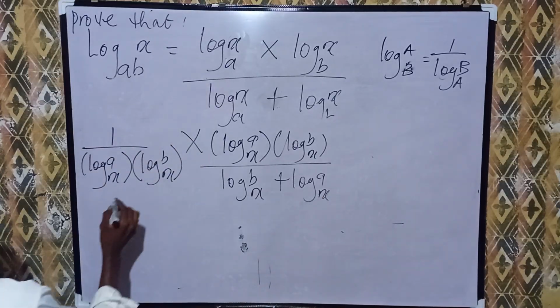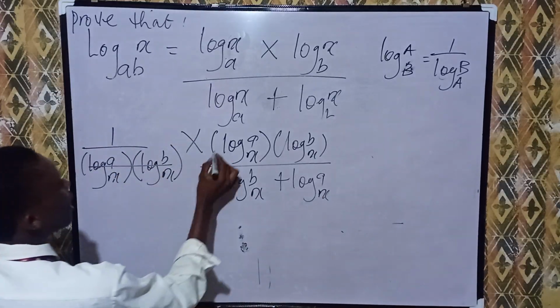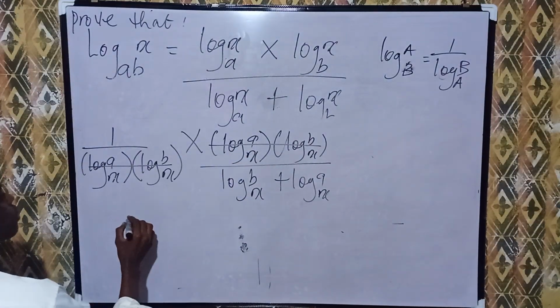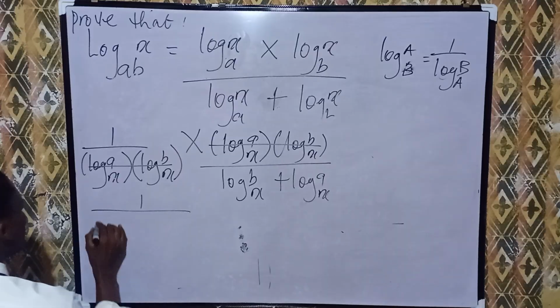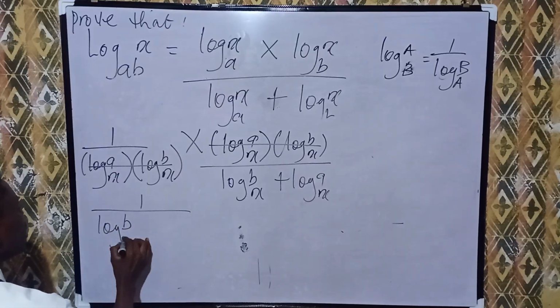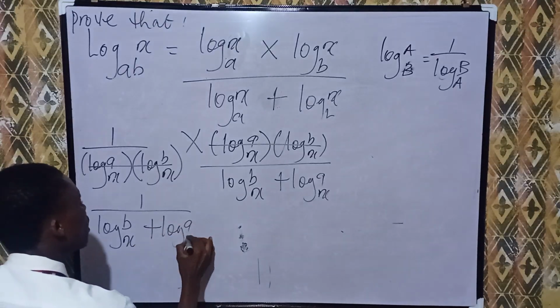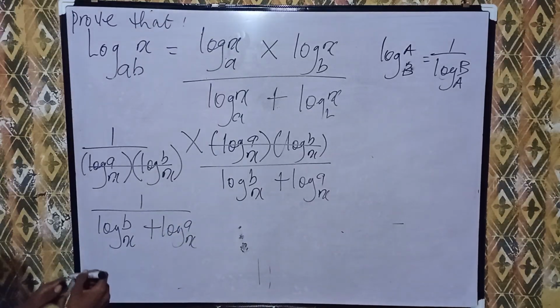All right, so clearly you can see that the whole of this here can cancel the whole of this. So we are left with just 1 by log b base x plus log a base x.